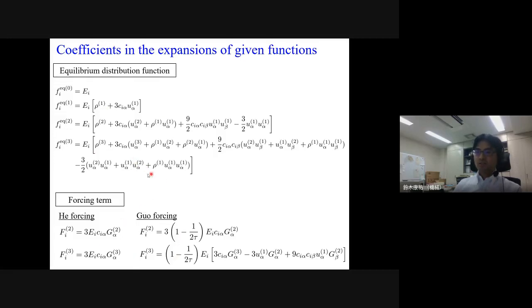The expansion of the equilibrium distribution function is the same between the He forcing and the Guo forcing. But the expansion of the forcing term is different between the He forcing and the Guo forcing because the definition of the forcing term is different.